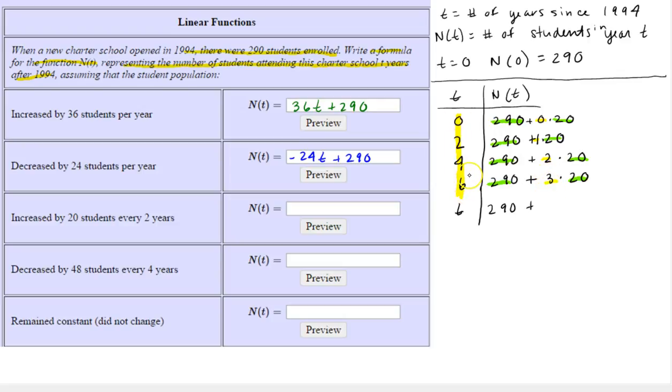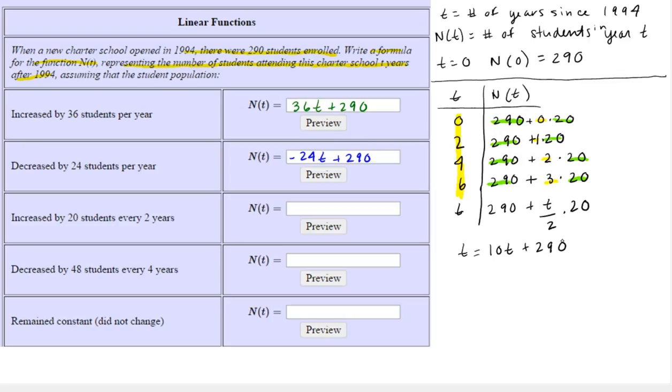So I can take the t value and divide by 2 and then multiply by 20. So now let's clean this up a little bit. So n of t equals, well, if we had t over 2 times 20, notice that's half of 20, or 10t. I'm going to write 10t first, plus 290.